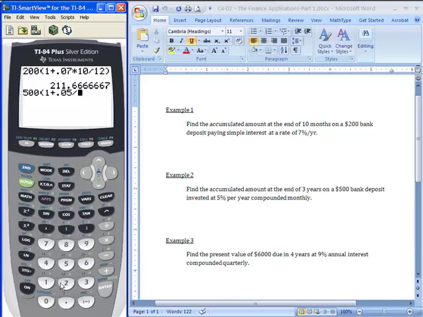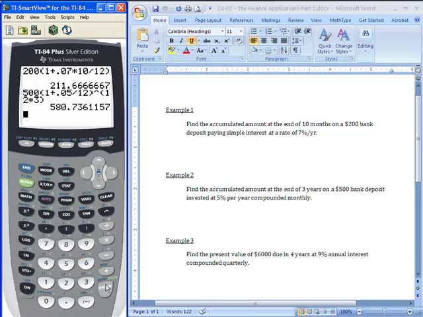So we're finding an interest rate per compounding period. Then we close the parenthesis and we raise that to a power, which I'm going to put in parentheses because we're going to have a multiplication going on here. We take the number of compounding periods in 1 year and multiply that by the number of years. So we put 12 times 3 here. That is, there's going to be a total of 36 compounding periods over the 3-year period.